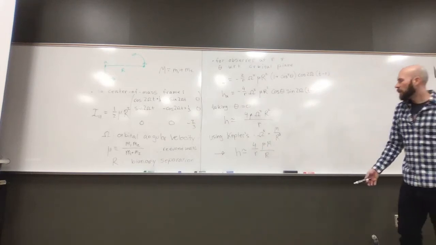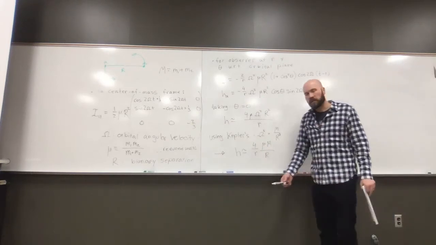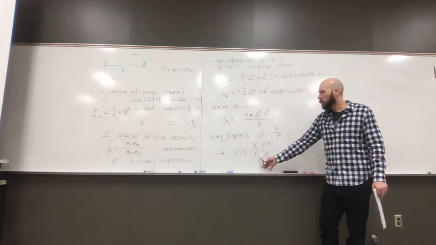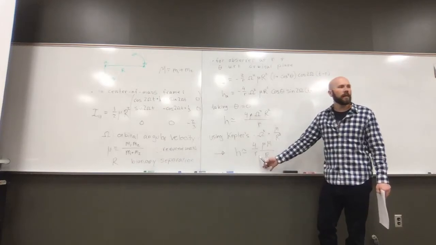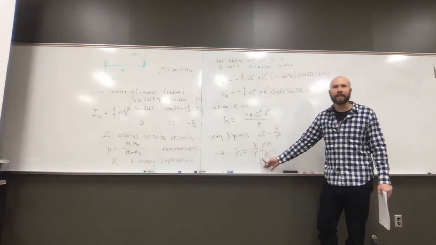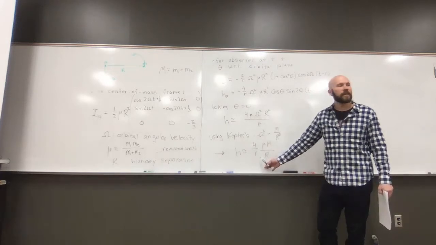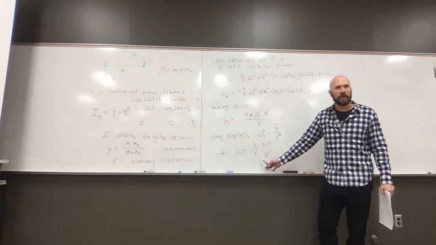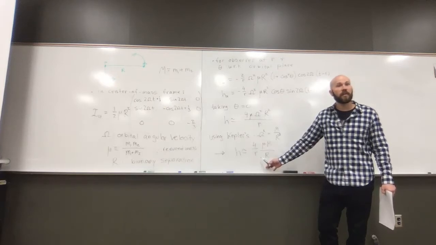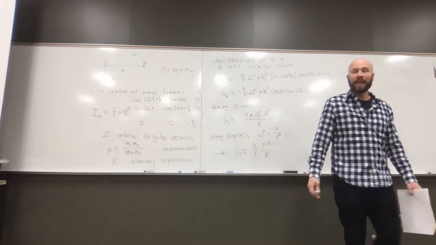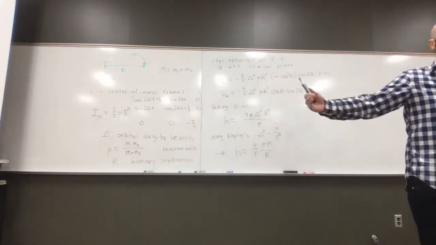Cool. Another interesting thing in terms of detectability is that it goes like 1 over r. This is unlike other things we try to detect in space, because we're often trying to measure fluxes. This is not a flux, this is a strain. Strains go like 1 over r from the source. Fluxes go like 1 over r squared, so there's a much steeper dependence for flux-based detection methods.